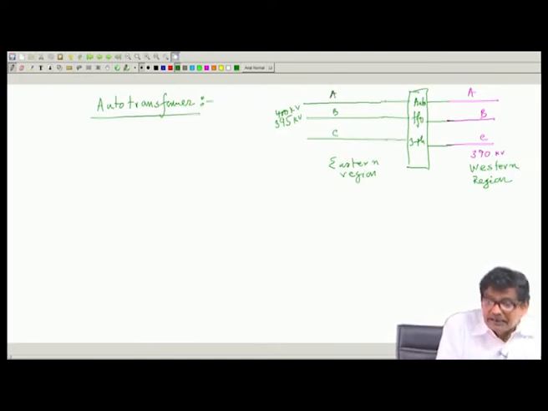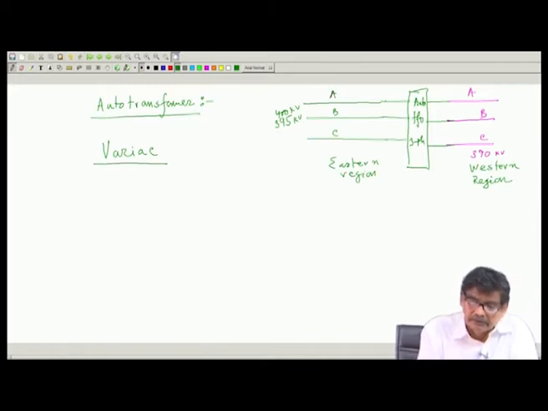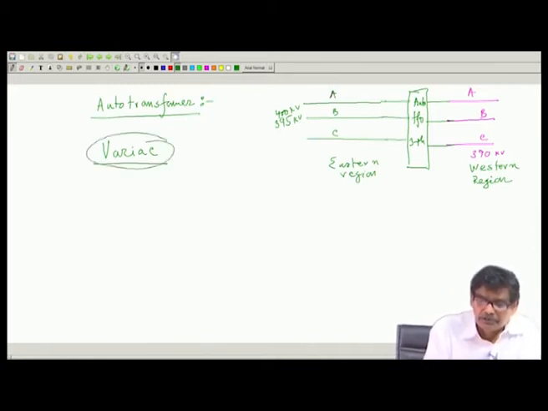Now, another thing you have used in the laboratory is called a variac. In the laboratory you must have used it to carry out experiments.